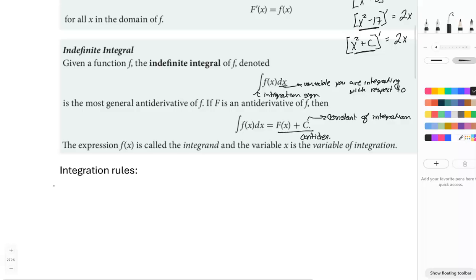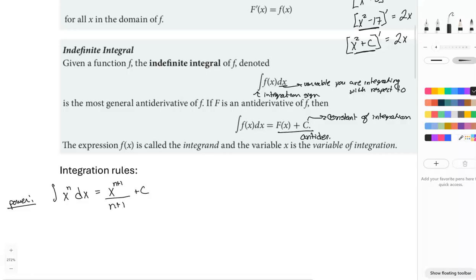So if I want to integrate, here's my power rule. I'm integrating x to the n with respect to x. So this sign tells me I'm integrating, and this tells me I'm integrating with x's as my variable. So my rule is I'm going to add 1 to the exponent, and then I am going to divide by the new exponent.